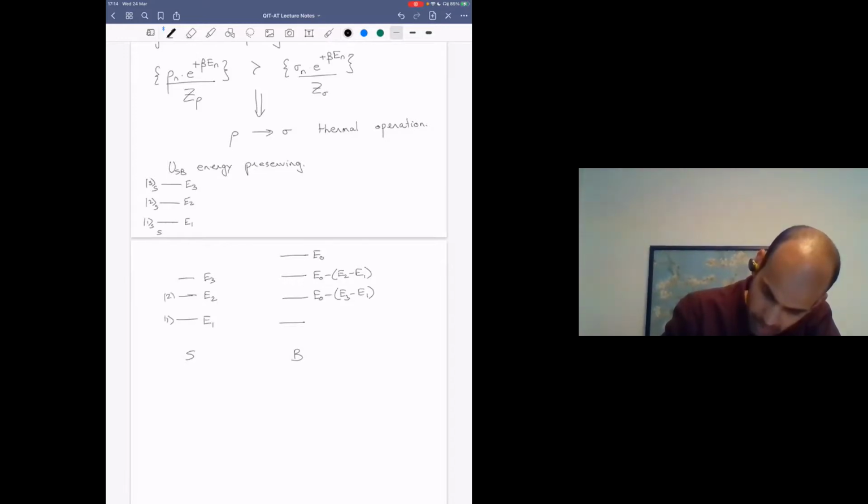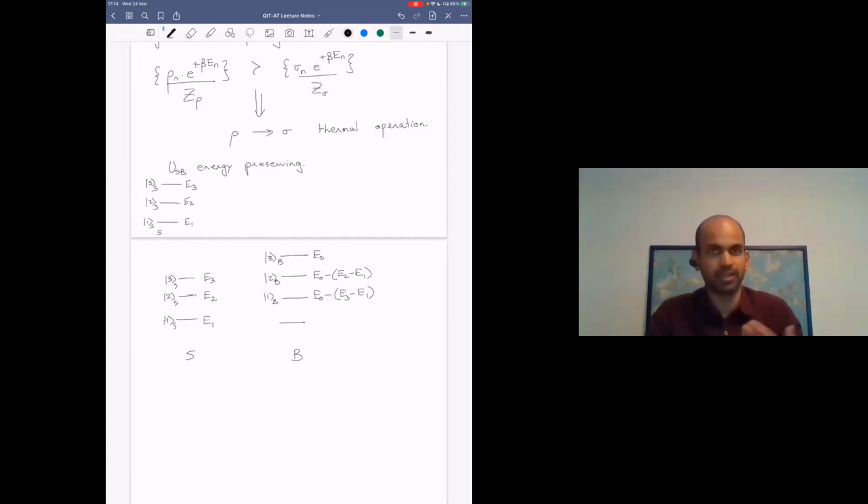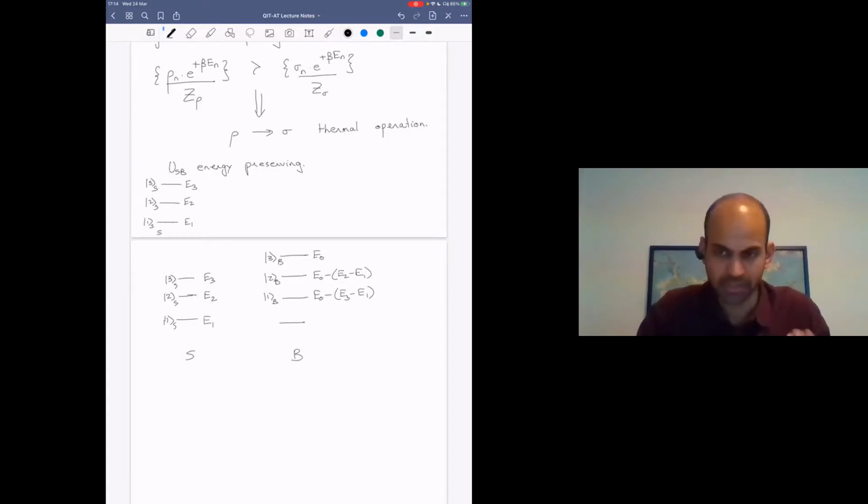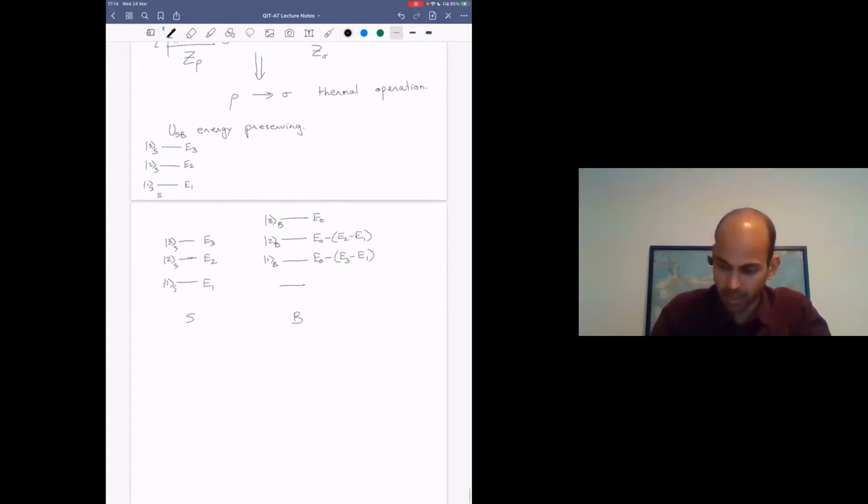These are my states 1, 2, and 3 of the system, and I'm going to call these 3, 2, 1 of the bath. By constructing this energy level diagram, I've picked a Hamiltonian for the bath. It can have many states, but these 3 states are definitely present within the bath.